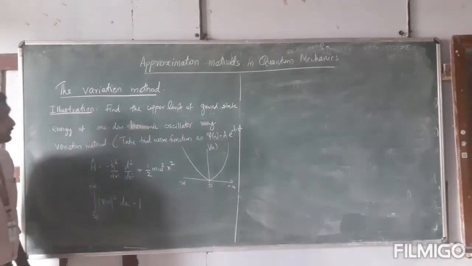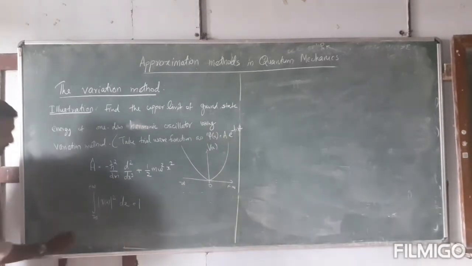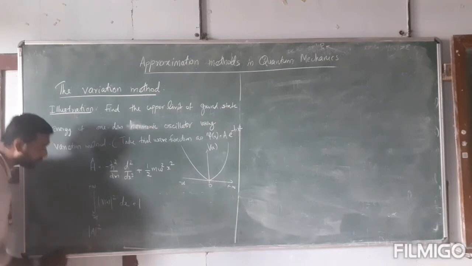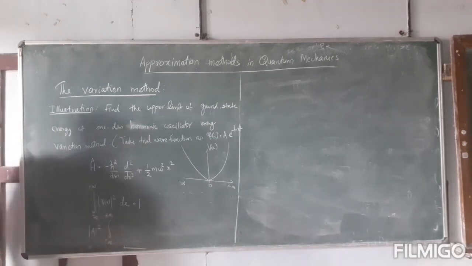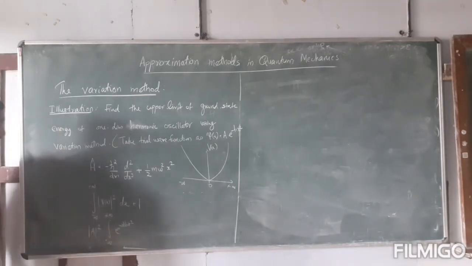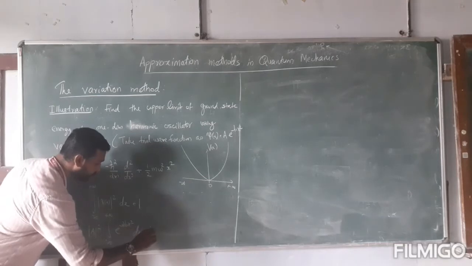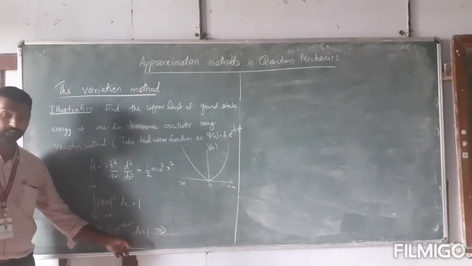What is the wave function that we have assumed? It's A e raised to minus b x square. Therefore, mod A square times the integral from minus infinity to plus infinity of e raised to minus 2b x square dx must be equal to 1. Now this is a Gaussian integration, and its result is well known.